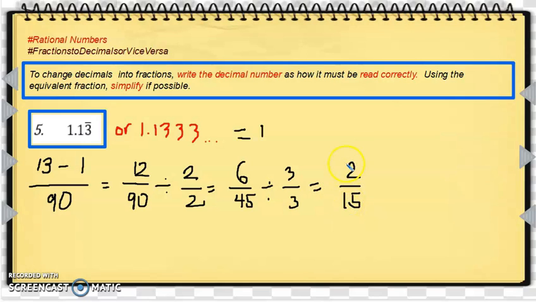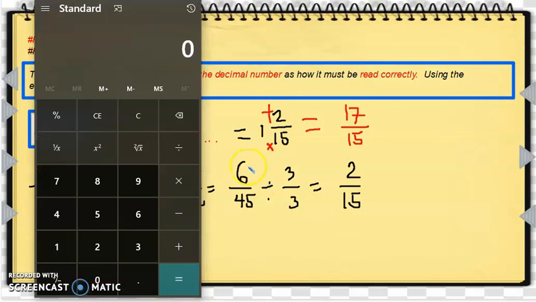Since 2 and 15 can no longer be divided by a number other than 1, then we just attach that to the whole number 1. And then again, convert it into an improper fraction, multiply, then add. 15 times 1 is 15 plus 2 is 17 all over 15. And let's check again in your calculator.